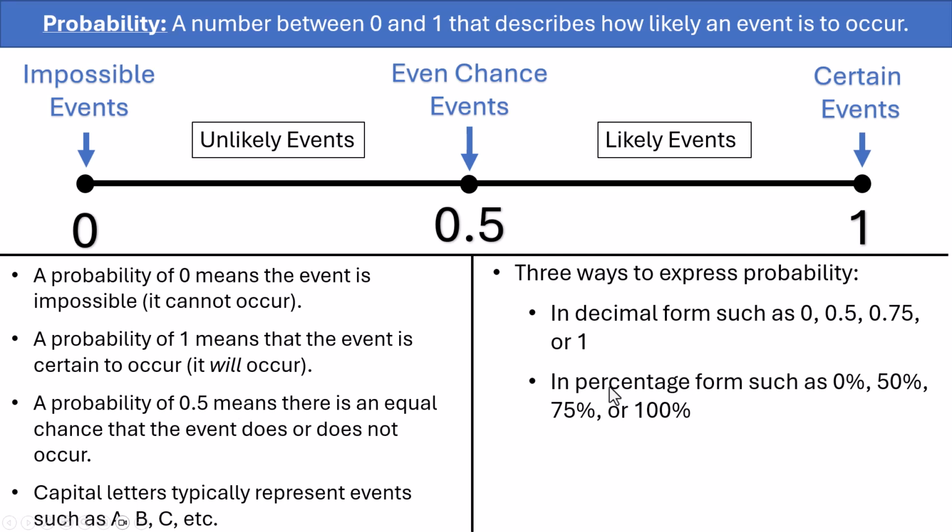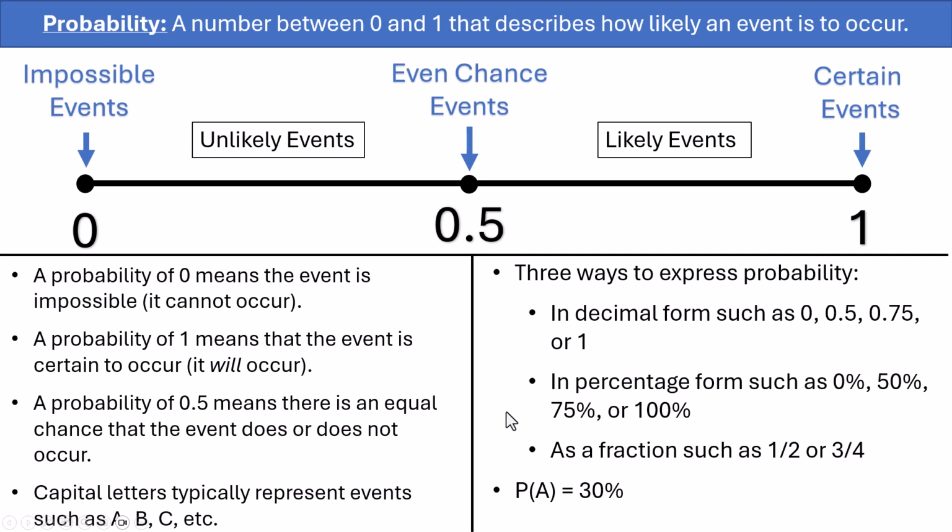You could also express it in a percent form, such as anywhere from 0 to 100%. So we would say, for example, 0.5 probability is the same thing as a 50% probability. Those two are equivalent. So for every decimal value, there is an equivalent percentage that is also fine to express as your probability. And we could also express these as fractions, like 1/2, 3/4, or something along those lines.